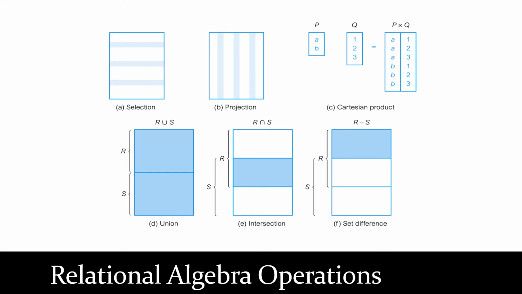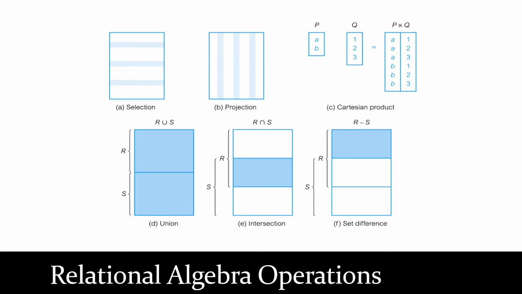So this is the illustration of how we perform those 6 important operations in relational algebra. For selection, we select based on the rows, and with projection, we select based on the columns. Cartesian product means we combine the first relation and the second relation.